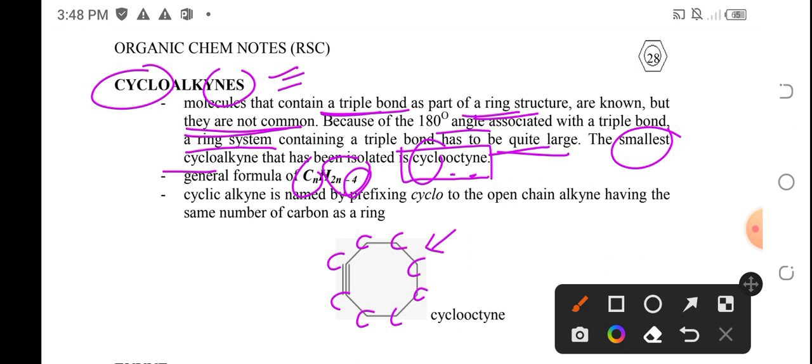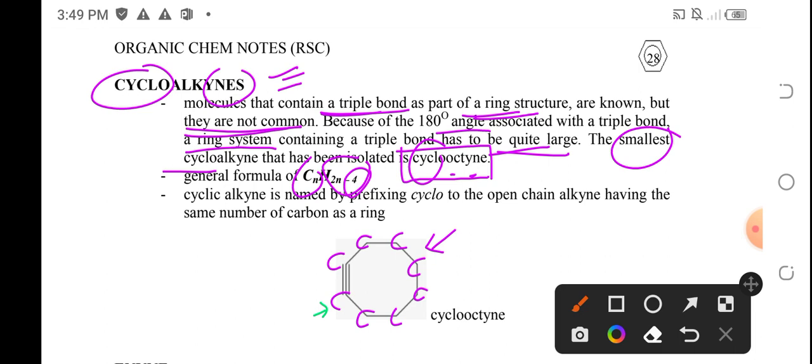Okay, so for this carbon atom, hindi na siya makaka-accommodate ng hydrogen kasi meron na siyang tatlong bonds dito, tapos isang bond. So, already 4 bond requirement na yan. Okay, so walang hydrogen dyan sa carbon atom na to. Same is true for the other carbon atom that bears the triple bond. Wala na siyang hydrogen.